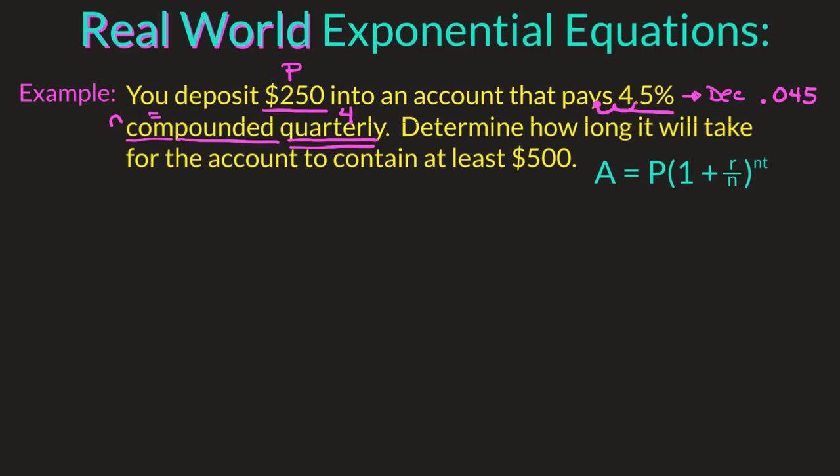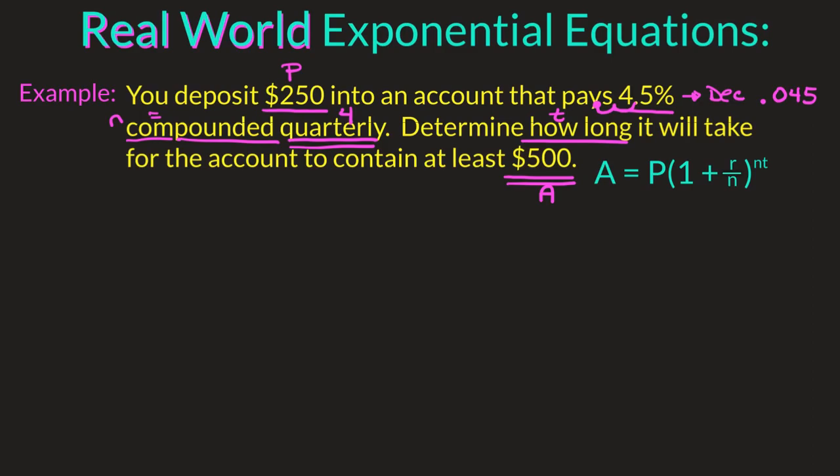Determine how long. So obviously how long is what we're trying to find. We are looking to find t, the amount of time it's going to take our account to equal or be at least $500. So this 500 would be our A. I'm going to now go ahead and plug in everything in my formula.